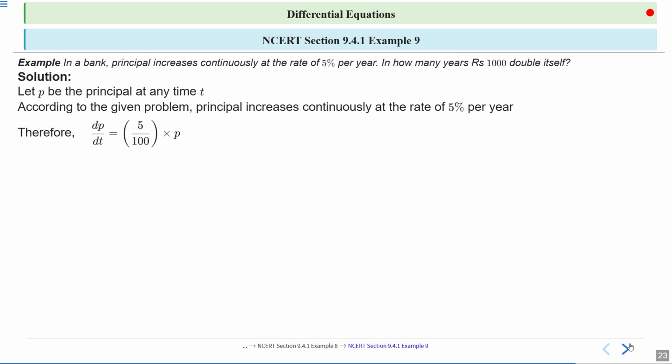The principal increases continuously at the rate of 5%, so we represent it as 5/100 of the principal, that is (5/100) × P. So that is your differential equation: dP/dt, the rate of change of principal with time, is equal to 5% of principal, (5/100) × P. Clear?